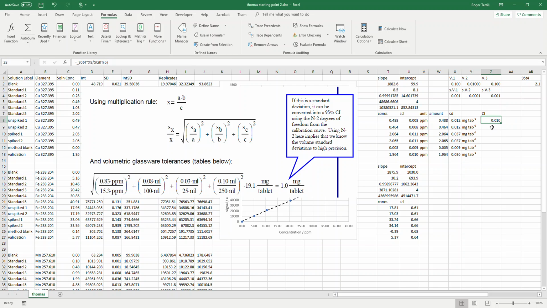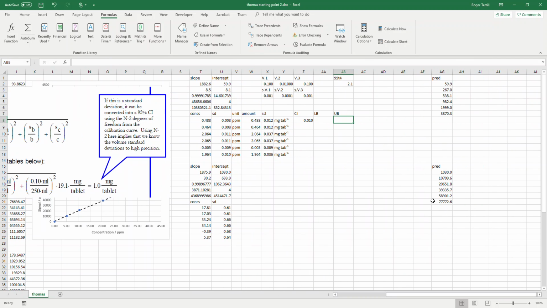And now another way to express confidence interval is as an upper bound and a lower bound, right? So there's a lower bound and an upper bound. I'm going to scooch over here and let's do this guy. The lower bound is going to equal the mean minus the CI.